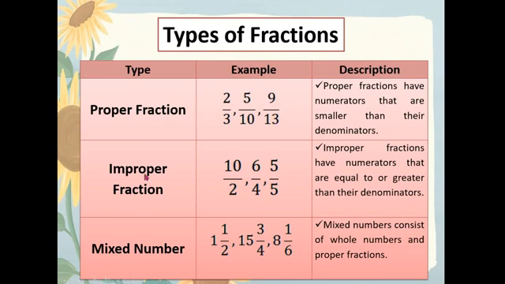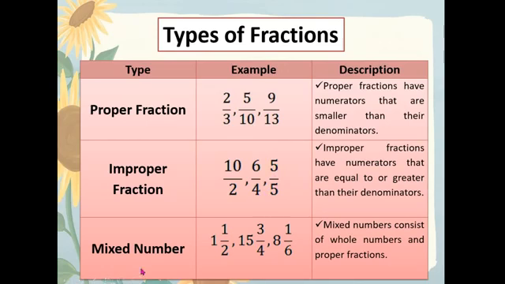Number 2, improper fraction. Improper fractions have numerators that are equal to or greater than their denominators. So this is the opposite of proper fraction. The number on the top should be bigger or larger than the number at the bottom. Example, 10 over 2, 6 over 4, or they can be equal, like 5 over 5.